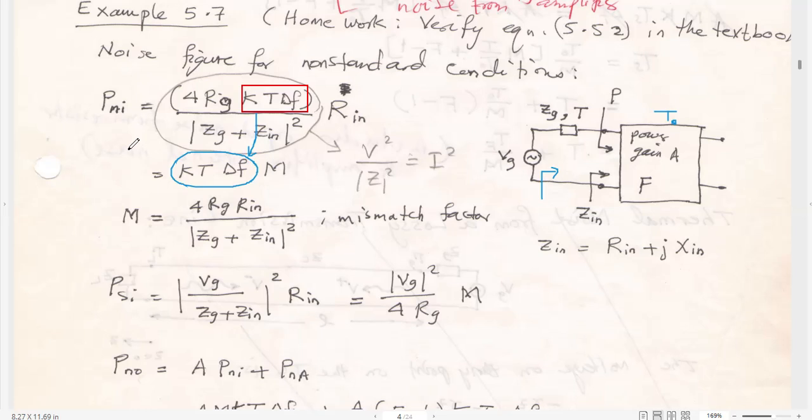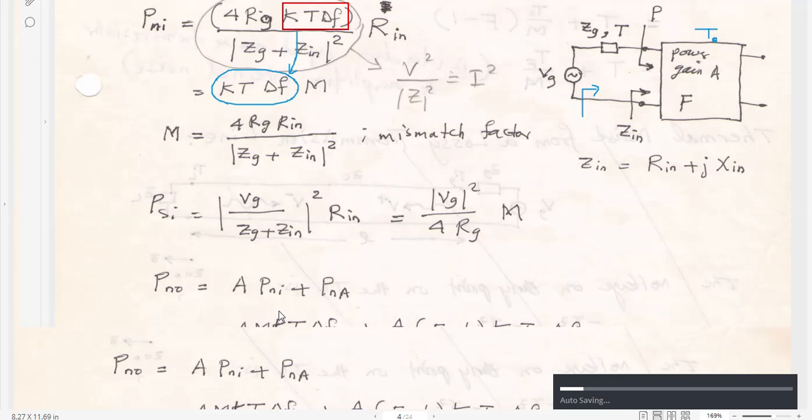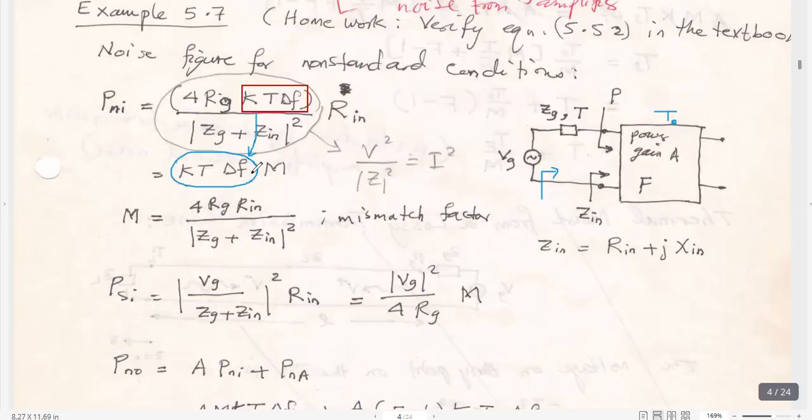Now we want to find the noise figure when there is mismatch. We need P noise input, and we also need P signal input. The input signal delivered by the source to the amplifier is also the current squared times R input, but the current here is generated by the generator, not by the noise. So it's V generator over the total impedance, Zg plus Z input, all squared. This will give I squared times the real part, R input. We do not need to derive this because it will be the same.